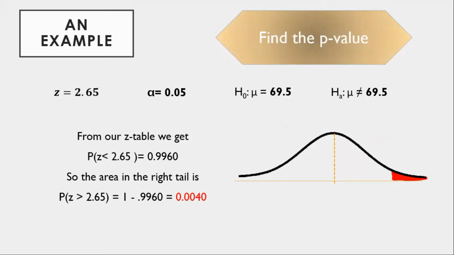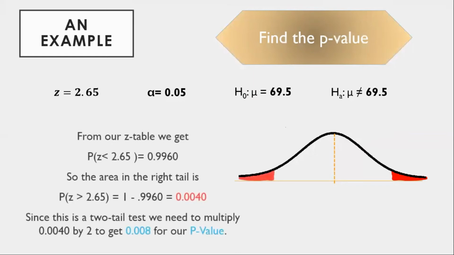It was a large value over 69.5, but my claim was that it's just different. So the fact that it was so far above is just as compelling as if I got an answer that was really far below. So I'm also going to shade the same area on the left side of the curve, representing what would have happened if I'd gotten an extremely low answer. You combine those to get a total shaded area of 0.008 for our p-value.